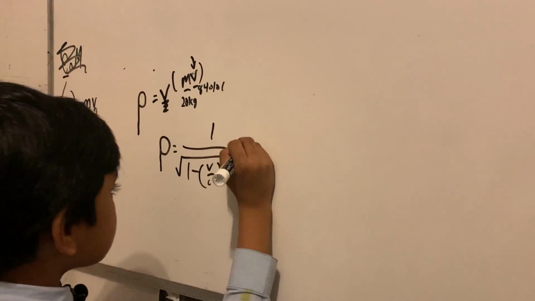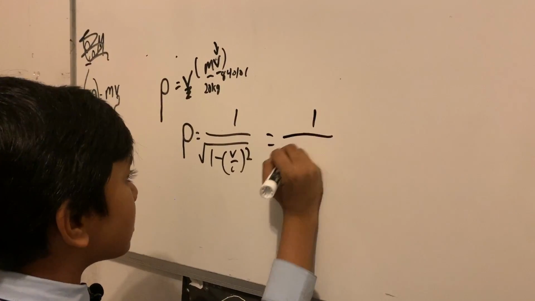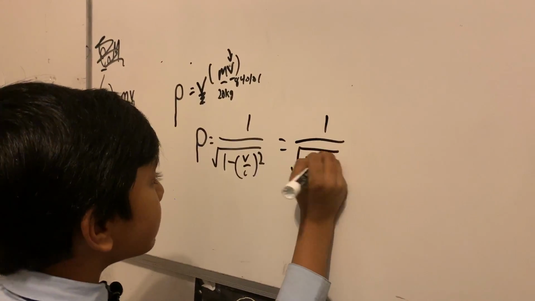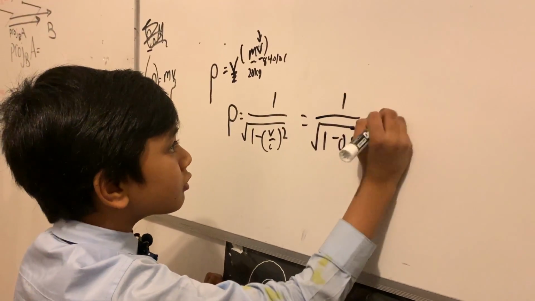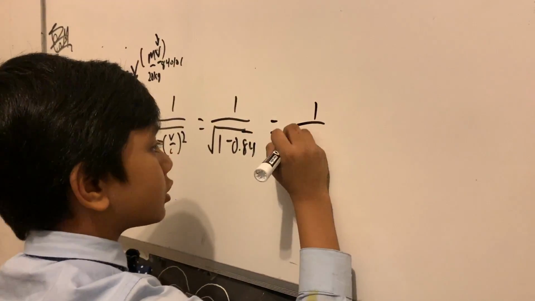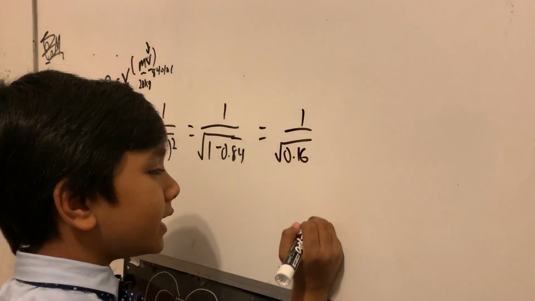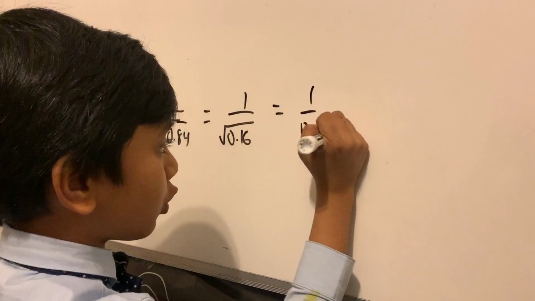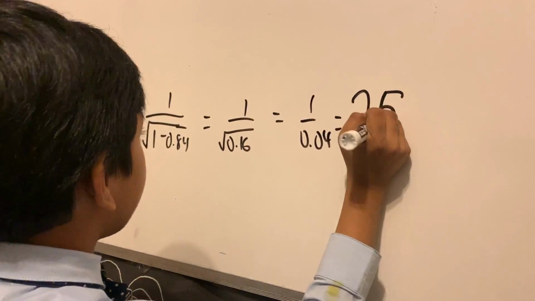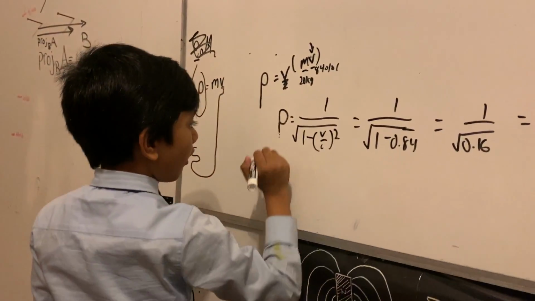Now, from what I believe, that's going to be equal to 1 minus 0.84, which is going to be equal to 1 over the square root of 0.16, which is obviously going to be 1 over 0.4, or 25. That gives us a gamma of 25.